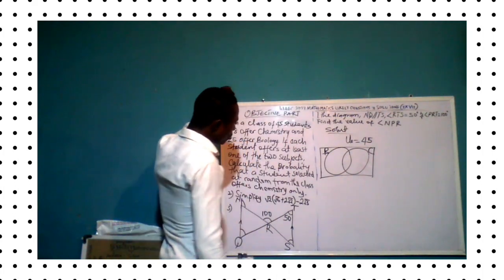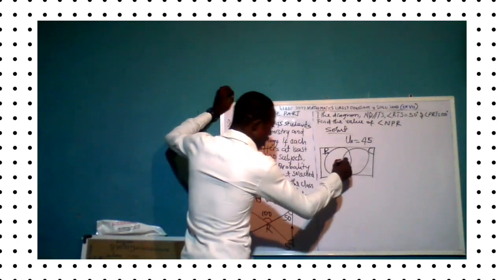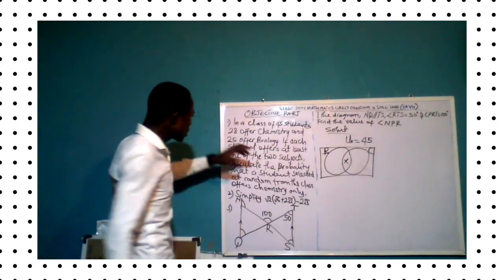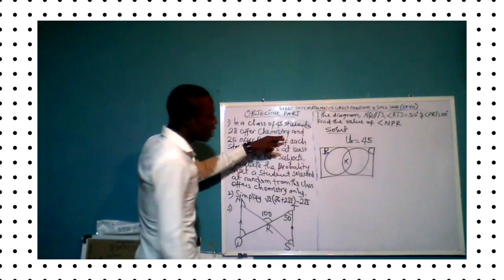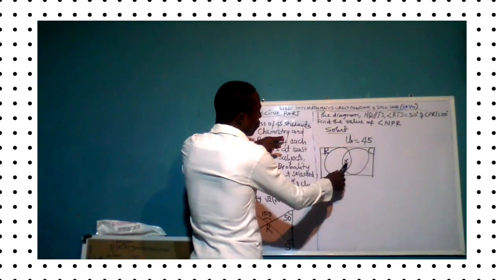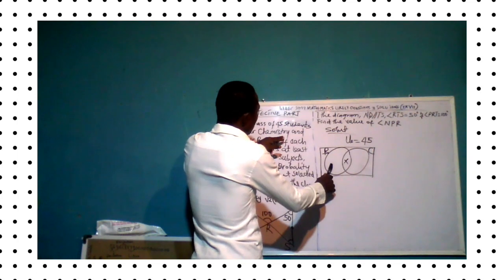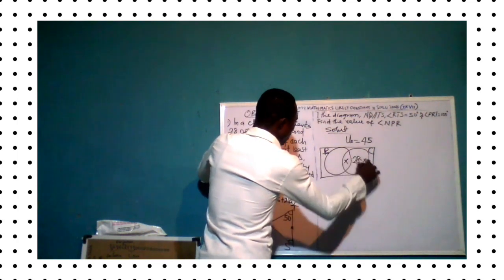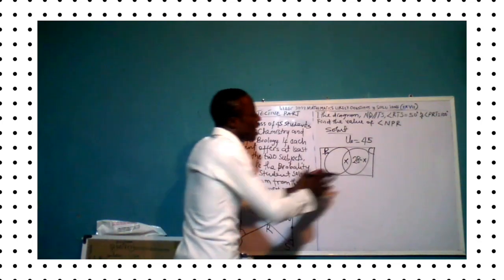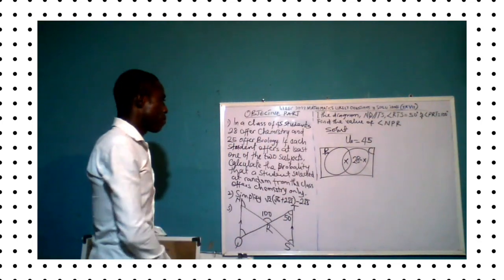We are not told the number of students that offer both. Let it be X. But we are told that 28 offer chemistry. It does mean that if X is the number of students that offer both chemistry and biology, then 28 minus X will be the number of students that offer chemistry only.